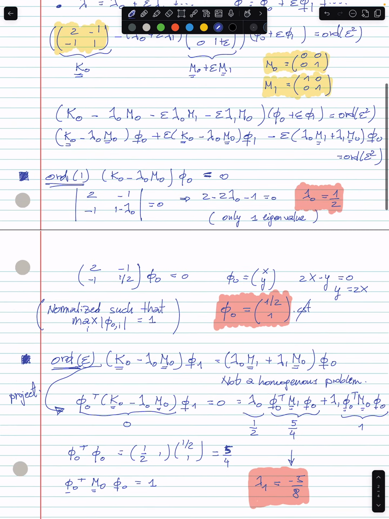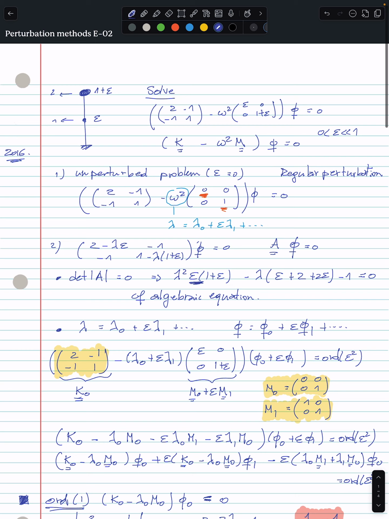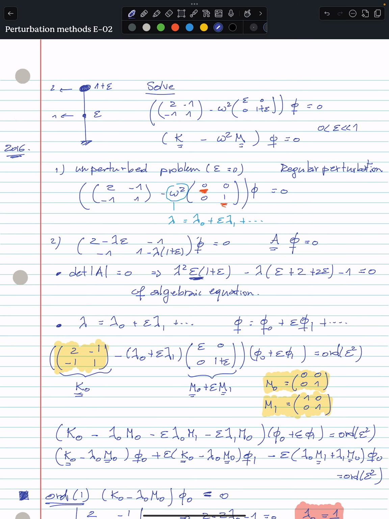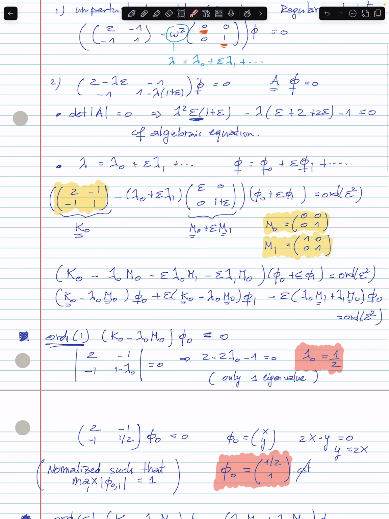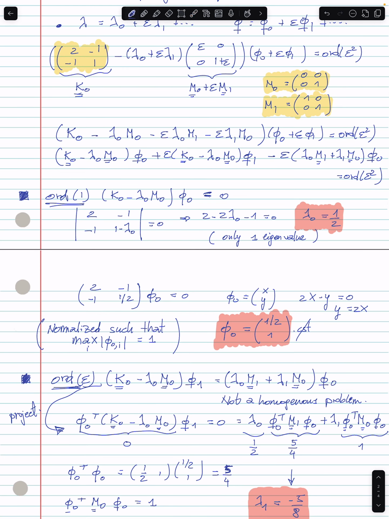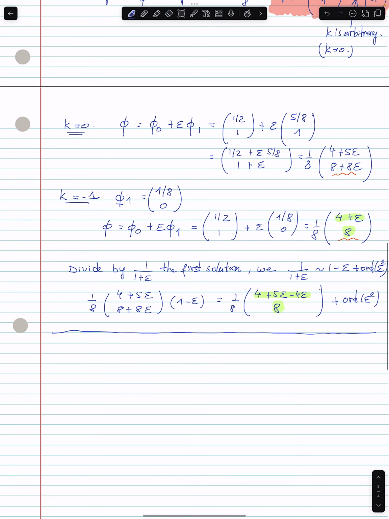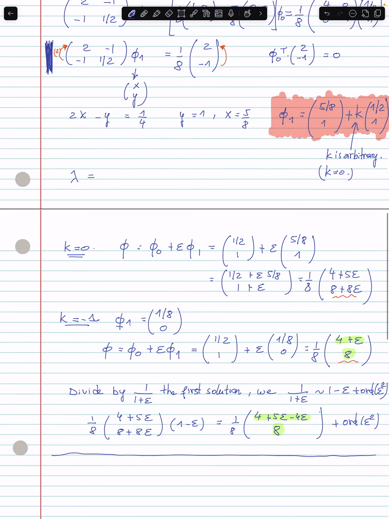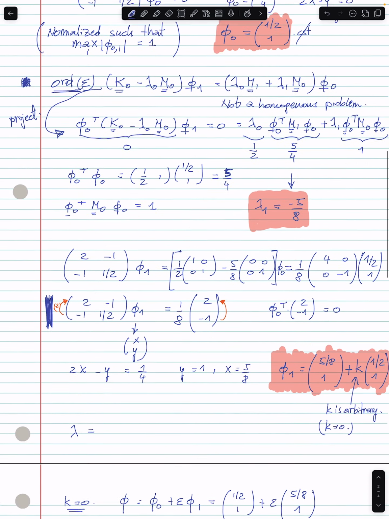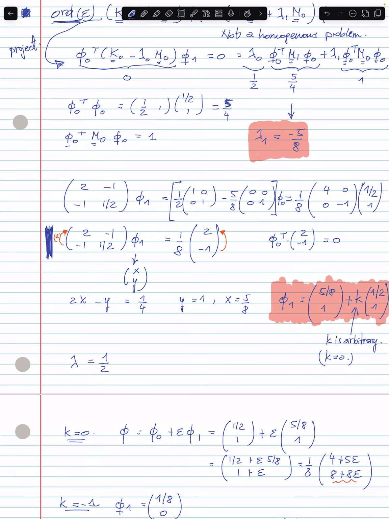We just forgot to focus on the large eigenvalue. So far, we just focused on the small eigenvalue, the one that was in the neighborhood of 1/2. And so maybe let's just summarize and say lambda is lambda 0, which is 1/2, plus epsilon lambda 1, which is -5/8.